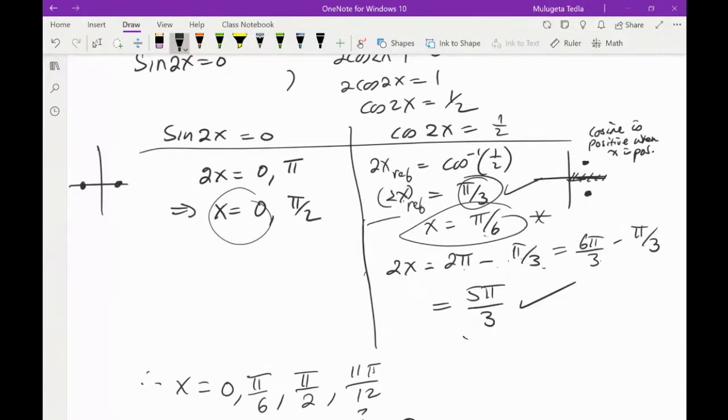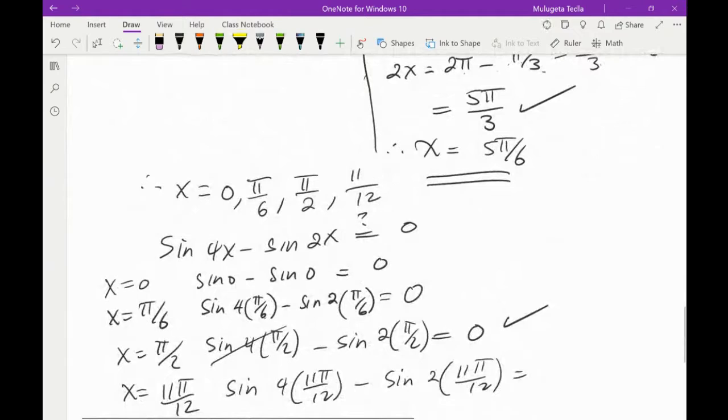Yes, that's the answer. So therefore, x is 5 pi over 3 divided by 2, which is 5 pi over 6. That must be the answer. The fourth value is 5 pi over 6.